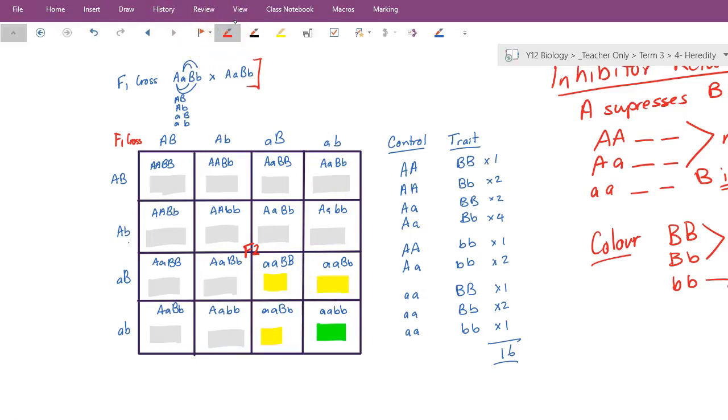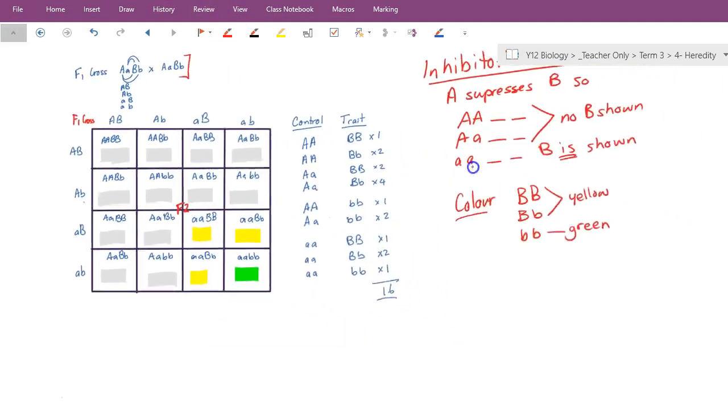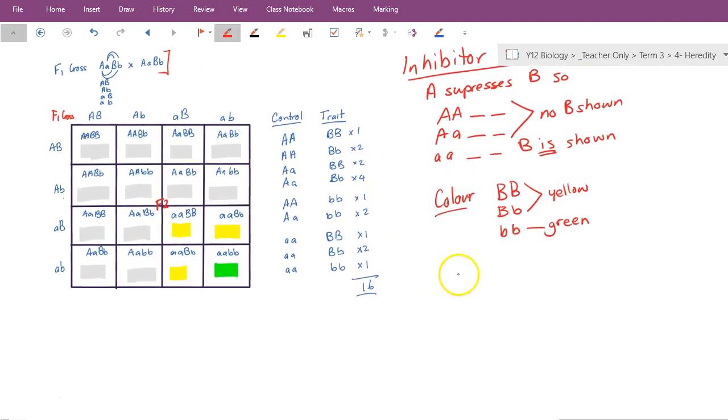So when you have an inhibitor gene like this, you have another unique ratio. The ratio is 12:3:1. Okay, and that is a unique relationship too. That indicates that there's an inhibitory action happening.